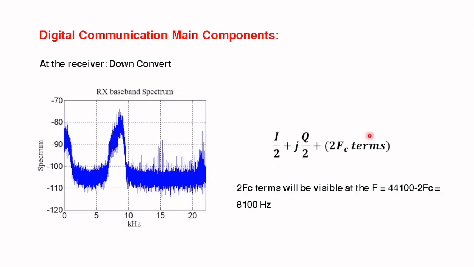Because we have a fixed sampling frequency, we cannot see any frequency more than approximately 22 kHz. Double the carrier frequency will result in 36 kHz. So this frequency will be translated to a mirror frequency, or an alias frequency, less than the sampling frequency. And this can be calculated from here, and we can notice that it results in 8100 Hz, which is basically this.